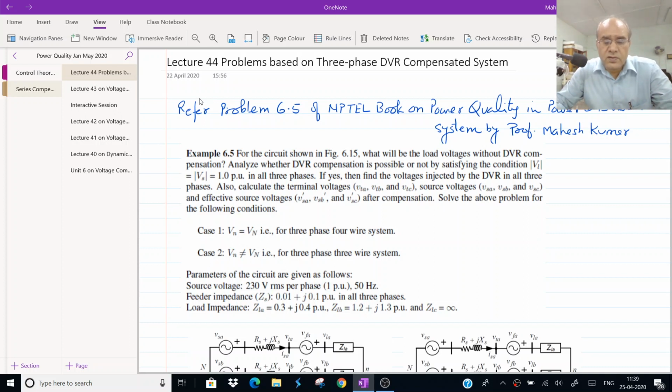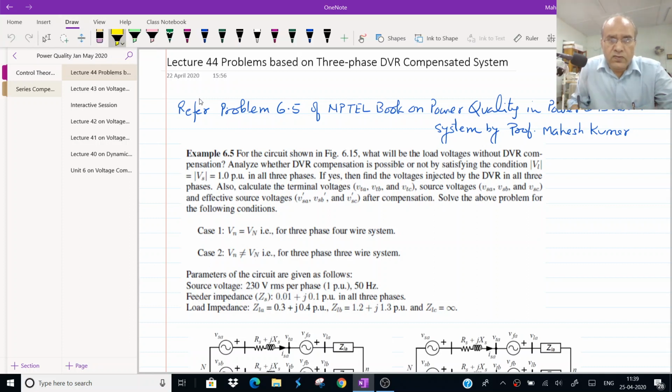The problem gives us a three-phase system with 1.0 as the source voltage.